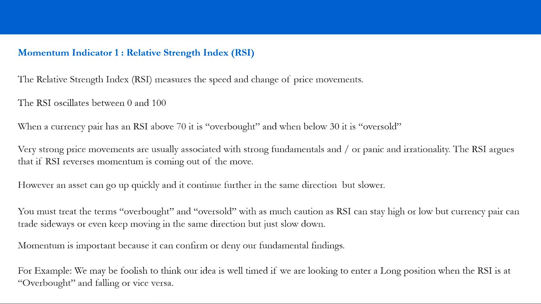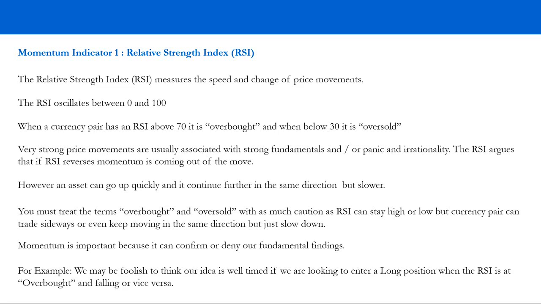But what you have to remember with the RSI is that the actual calculation doesn't mean the asset has to go down if the RSI is in overbought conditions, or has to go up if the RSI is in oversold conditions. Because an asset can go up very quickly in terms of speed and change of price movements, so in terms of momentum, and it can continue in the same direction but at a slower pace.